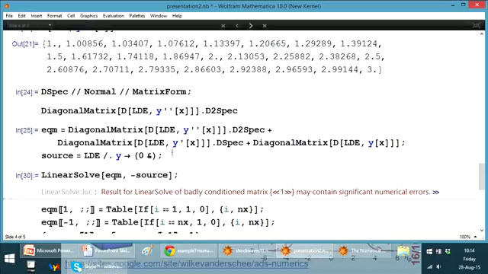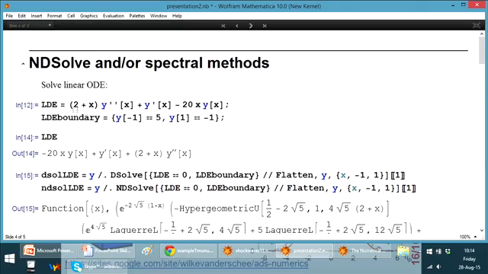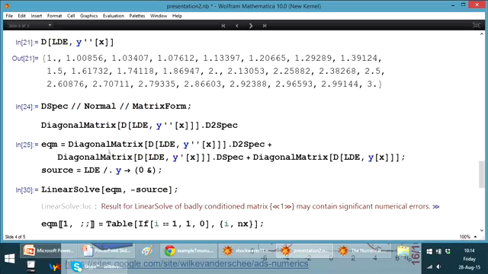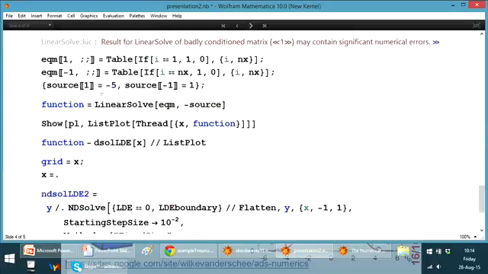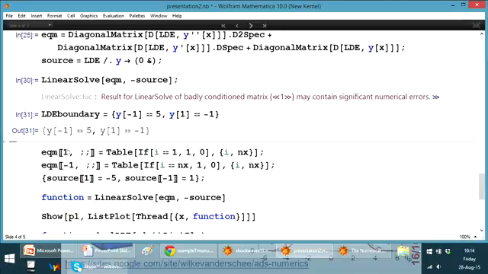So in this case, we just use the first and the last one, because the first one is this grid point at -1. The last one is this grid point at 1. And our boundary conditions, what did they look like? It looked like this. So in this matrix equation, we want to implement these two boundary conditions.